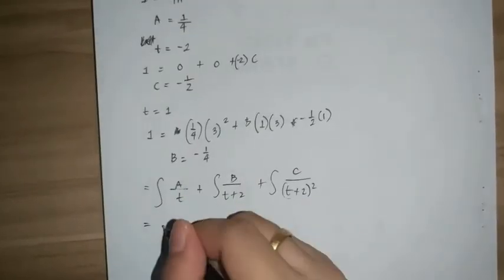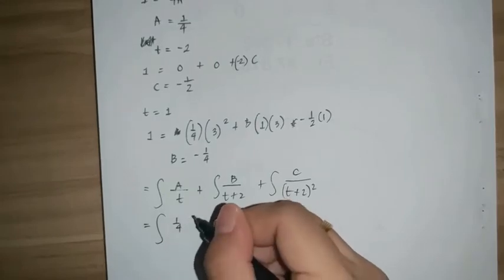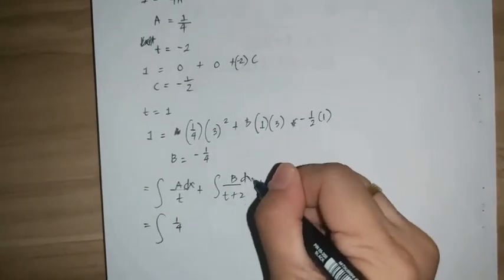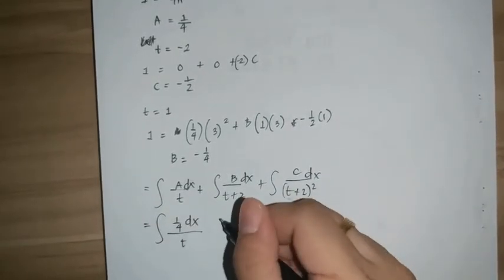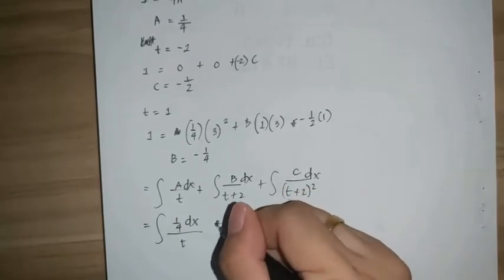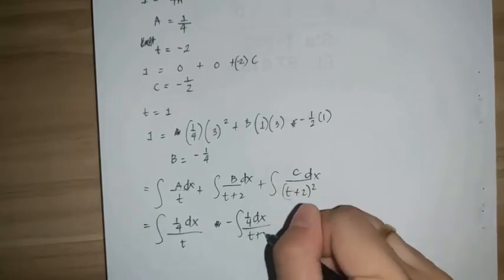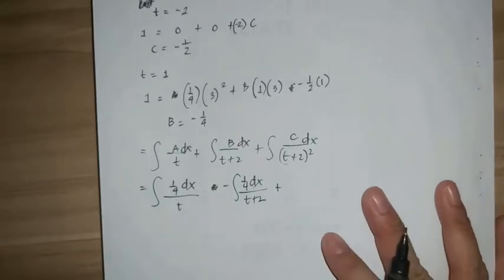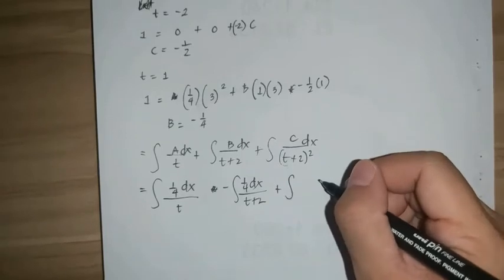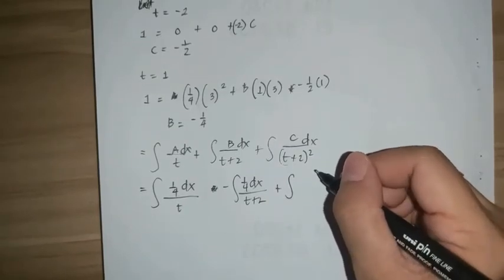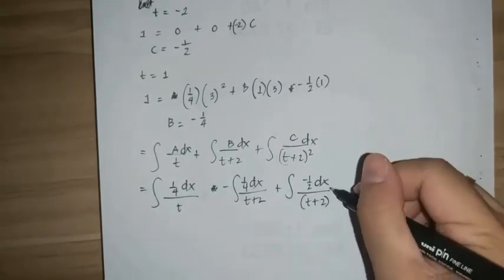So you will have A, which is equal to 1/4 dx all over T, plus B is equal to negative 1/4 dx all over T plus 2, plus integration of C, which is negative 1 half dx all over T plus 2 square.